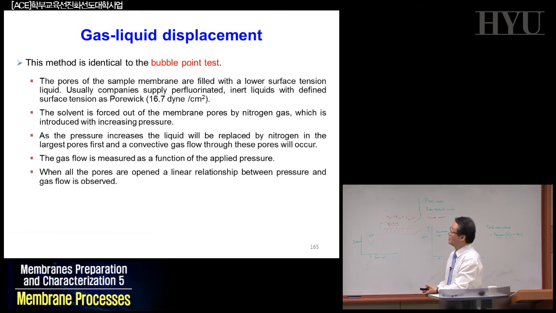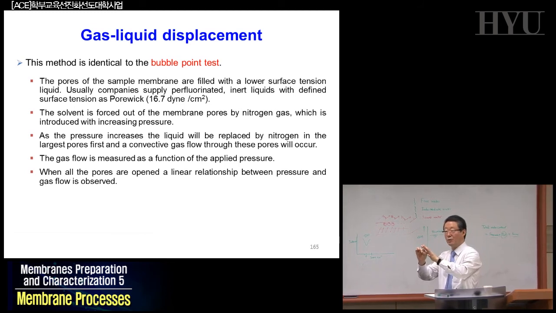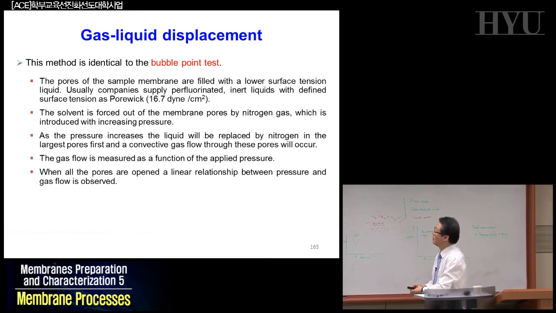We have gas and liquid displacement methods, where the liquid is filled and the nitrogen is pushed out. This is similar to the bubble point method, and from the equation you can calculate the radius of the pore and the pore size distribution.